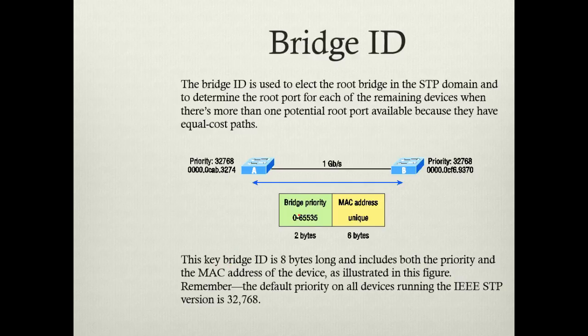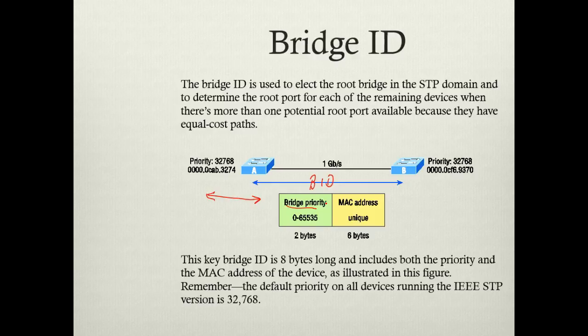The bridge ID is the first 2 bytes, or the bridge priority. We'll call it the bridge ID because otherwise we'll have to write out all this stuff. We have the MAC address and the bridge ID. When we put these two binary or hexadecimal numbers together, we get the whole string.